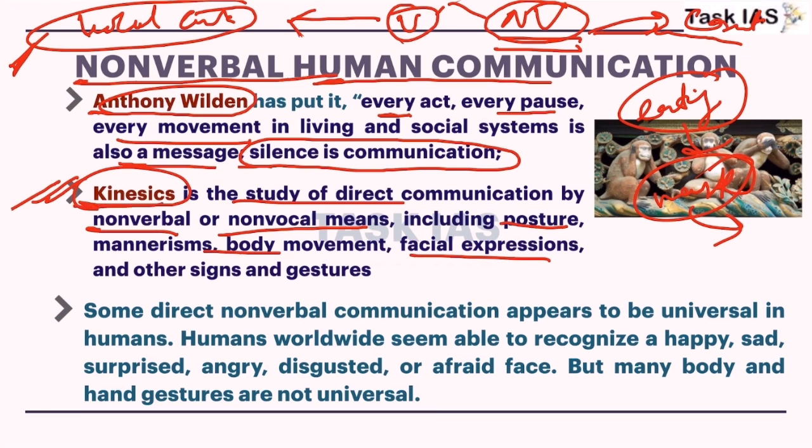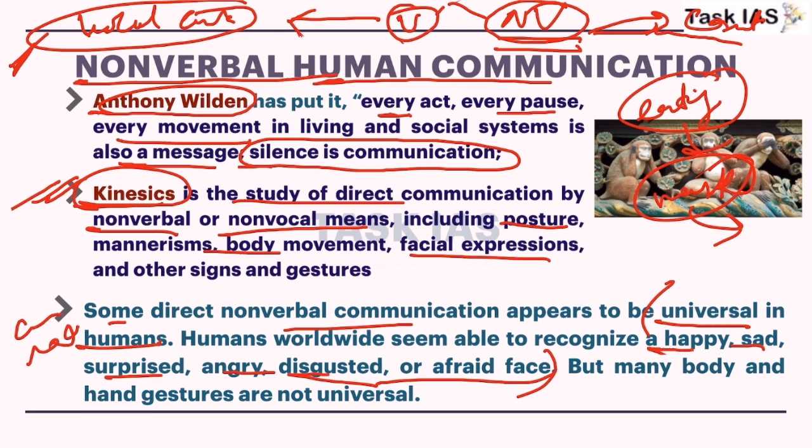kinesics. Some direct non-verbal communication appears to be universal in humans. For example, if someone is happy, sad, surprised, angry, disgusted or afraid, these faces are universal even across countries, across races, religions. You can understand that these feelings are almost similar.